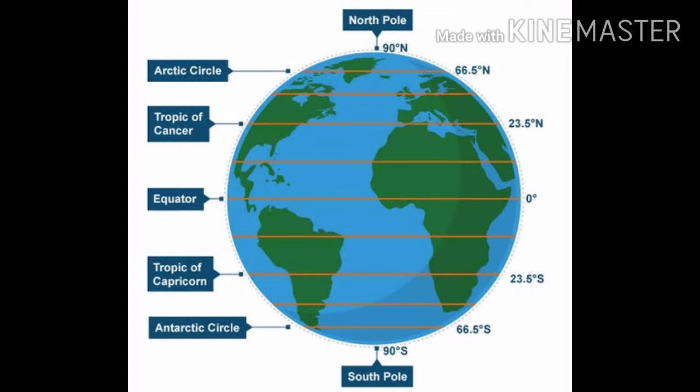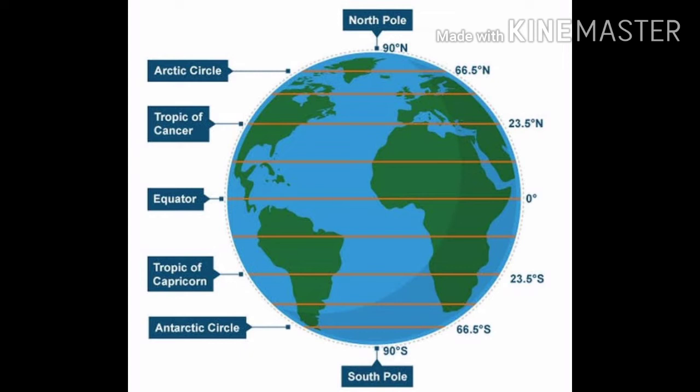The Tropic of Capricorn is at 23.5 degree south. The Arctic Circle is at 66.5 degree north, and the Antarctic Circle at 66.5 degree south. You can see the image also representing all the important latitudes.